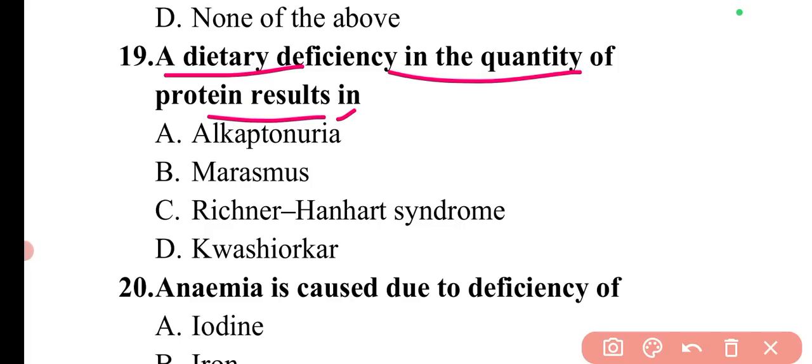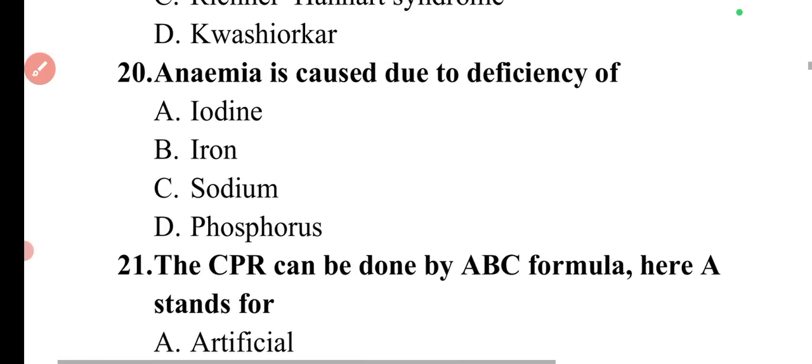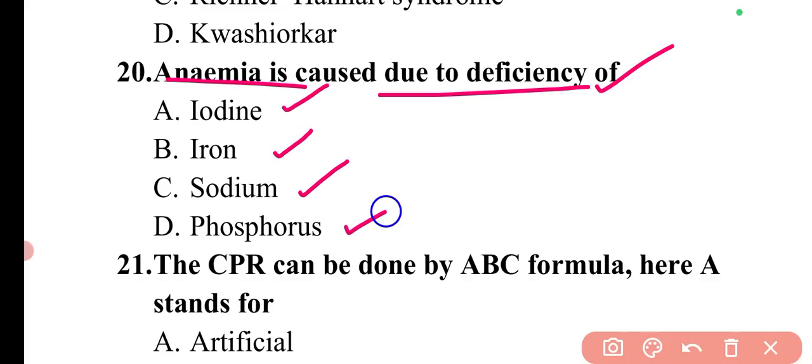Options are alkaptonuria, marasmus, Richner-Hanhart syndrome, or kwashiorkor. The correct answer is option number D, kwashiorkor. Next question is, anemia is caused due to the deficiency of. Options are iodine, iron, sodium, phosphorus, and the correct answer is option number B, iron.